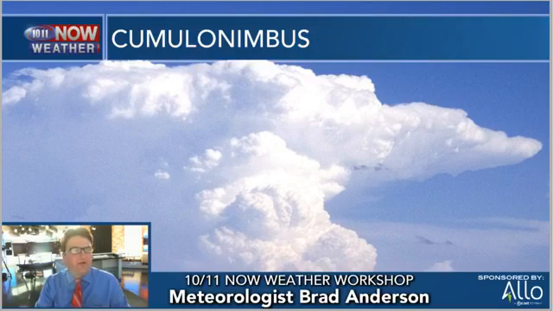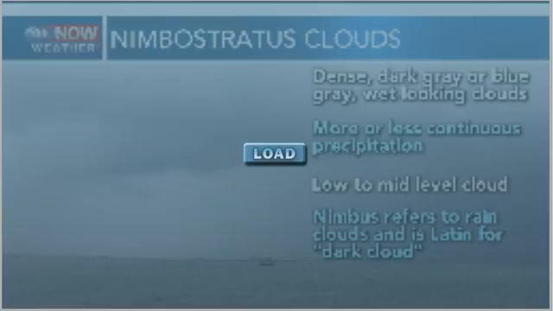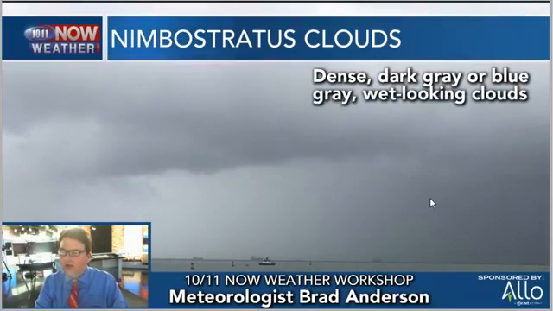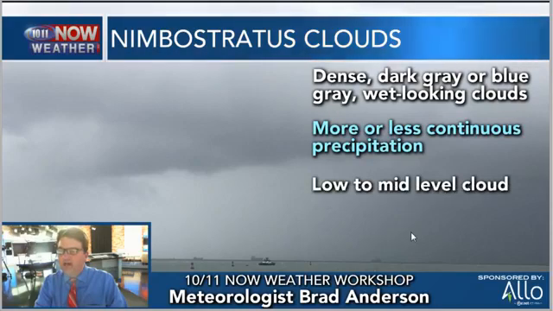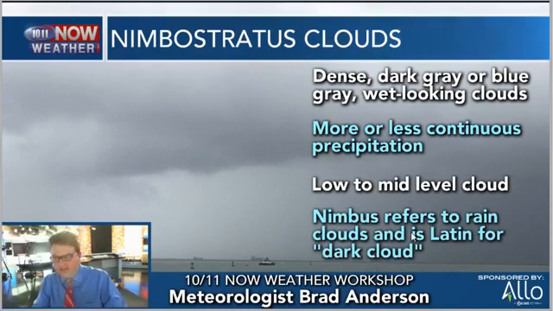For example, we'll go to the stratus cloud, maybe the nimbostratus cloud, because that is talking about why it's called the nimbostratus cloud. The reason why is because nimbus refers to rain clouds and is Latin for dark clouds.